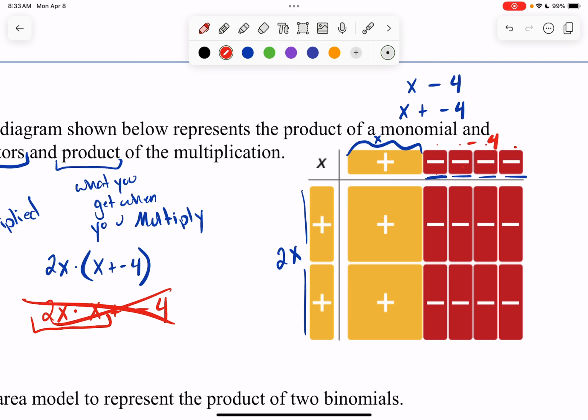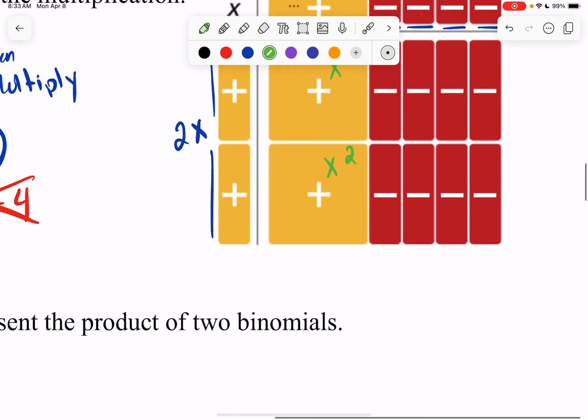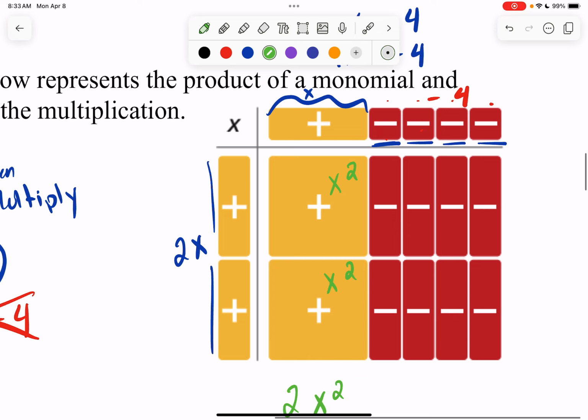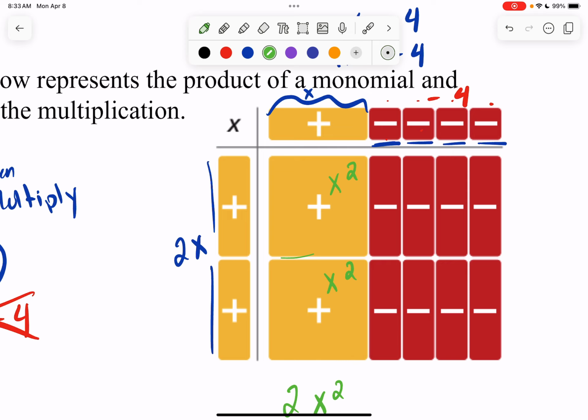Okay, so now if we multiply these, let's see what we get. If you remember, each one of these was an X squared. So I have two X squareds, because a positive times a positive is positive. Now here I have a negative times a positive, so each one of these is a -X.